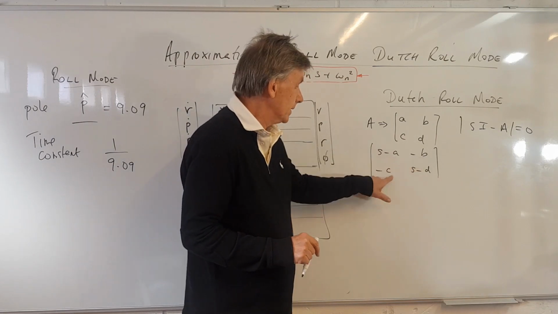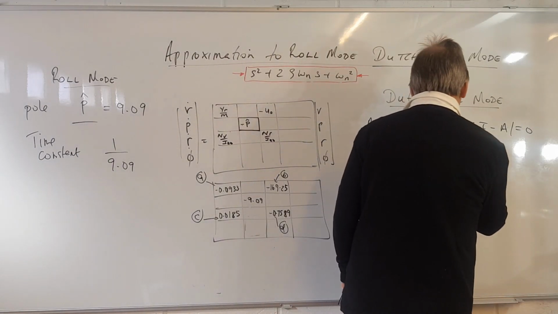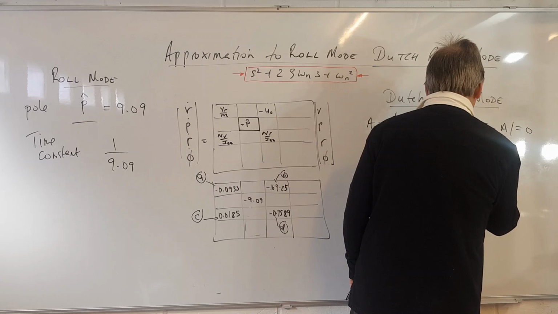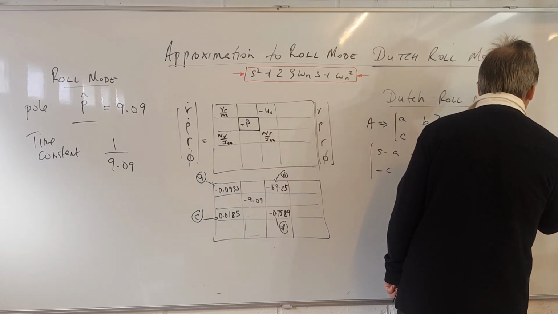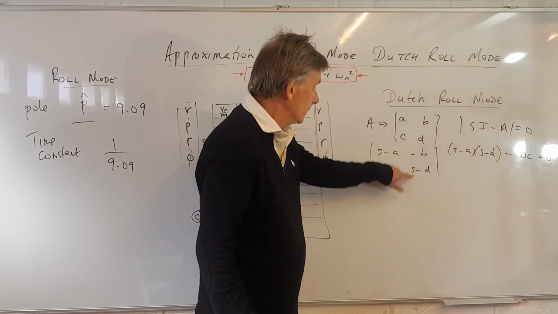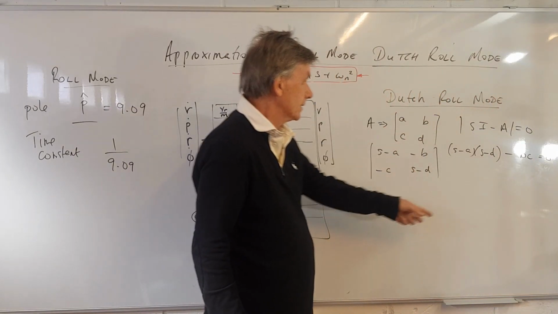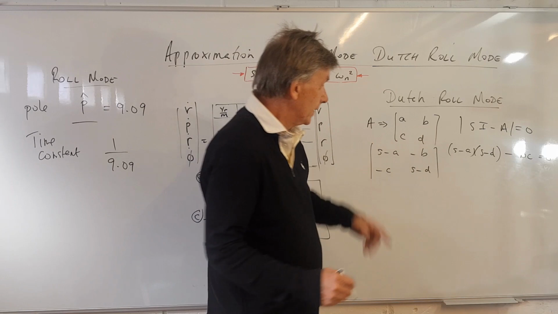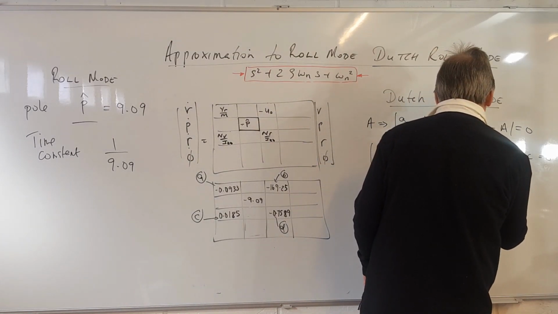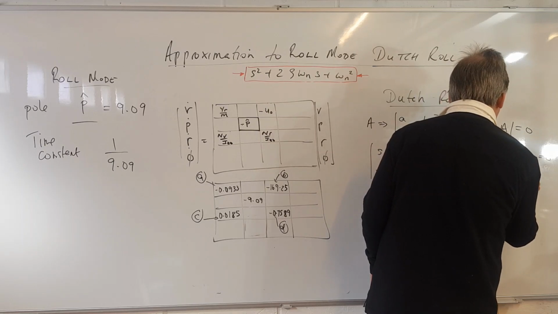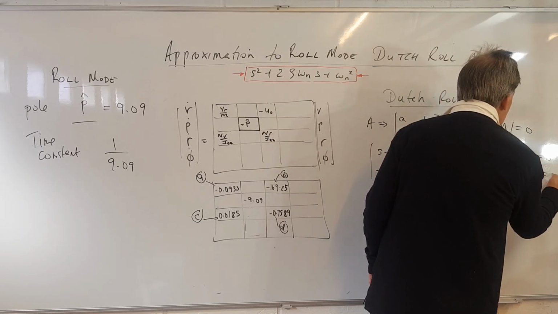It's going to be S minus A times S minus D minus BC equals 0. The 3 minuses give a minus. We can expand this out to give S squared minus (A plus D)S plus AD minus BC equals 0.